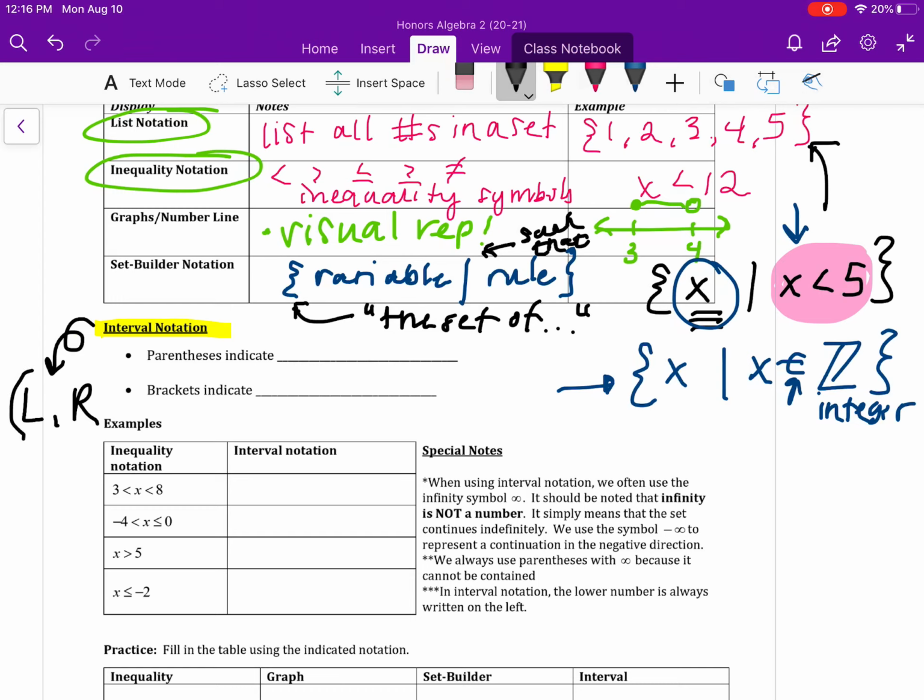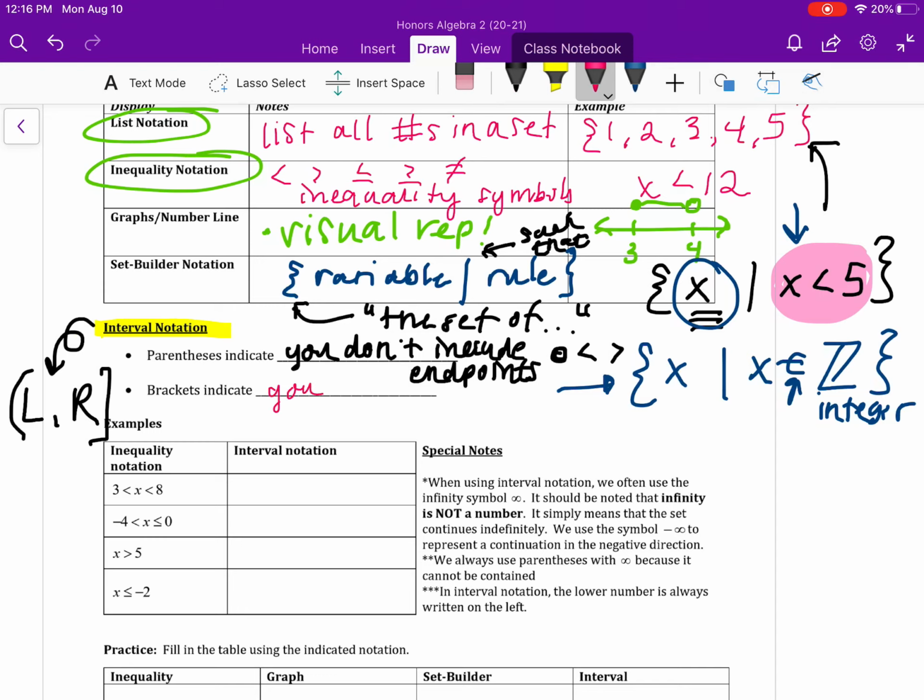So here's what, and then you can either have parentheses or you can have brackets on the outside. So parentheses indicates you don't include the endpoints. That basically means we have open circles or greater than or less than, right? Or less than and greater than, right?